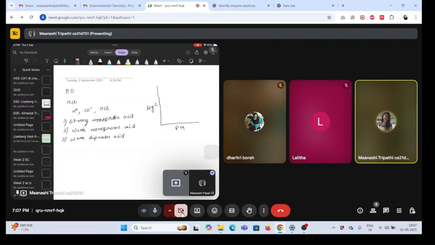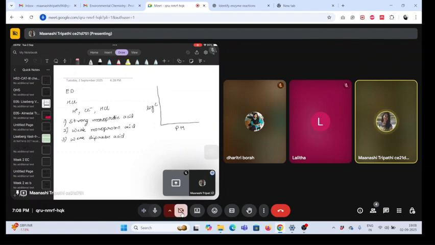So we will study these three types of acids, and accordingly other things can be prepared, even for acids with 4 H plus, and we can prepare for alkaline compounds also. So this is the basic thing that we will discuss.